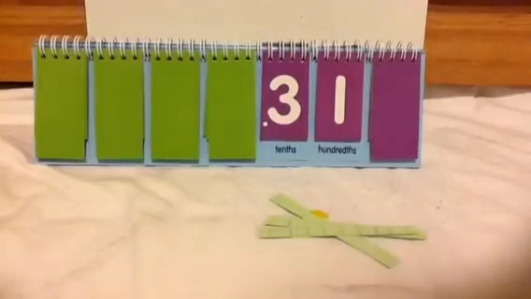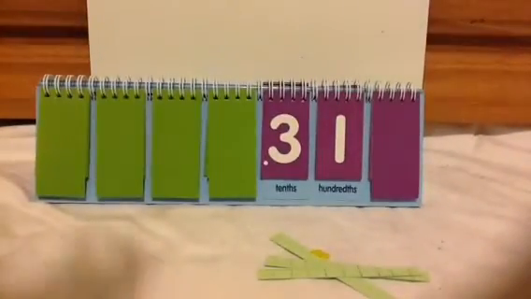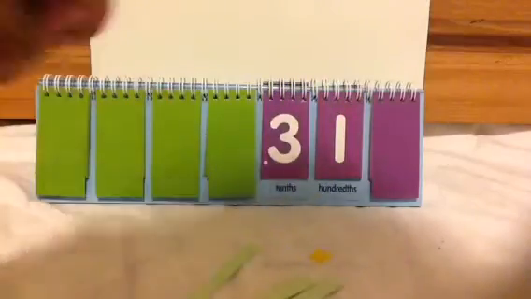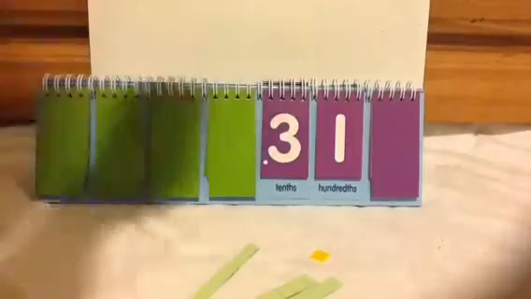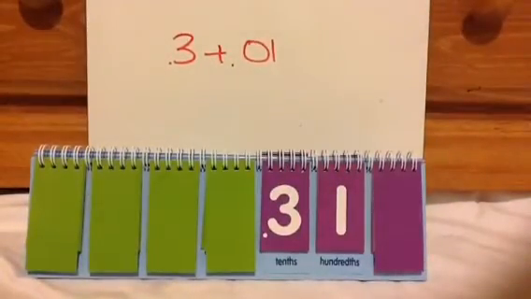So if I were to break that apart, it would be 3/10. I have 3 of them, and each one is worth 1/10, so I have 3/10 plus 1/100th. So when I'm putting 31/100ths in expanded form, that's what it would look like.